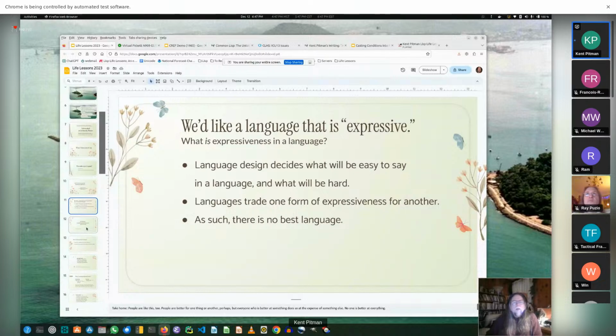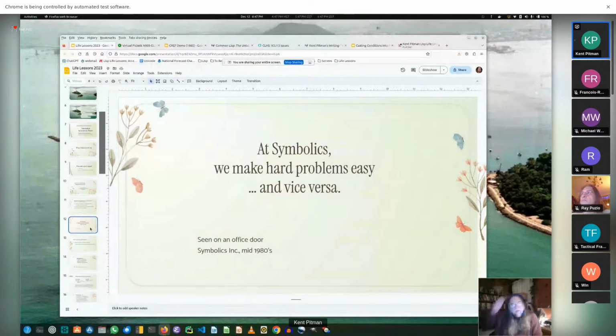So we talked about the fact that I think of expressivity as somehow related to this notion of reachable programs in finite time, or something like that. And in fact, at Symbolics, somebody had this written on their door, which I think also sort of captured the thing.